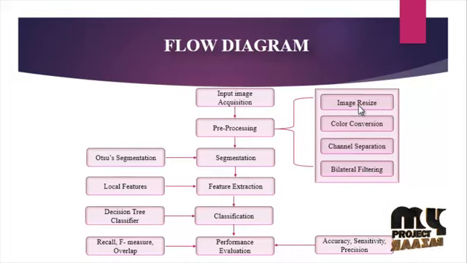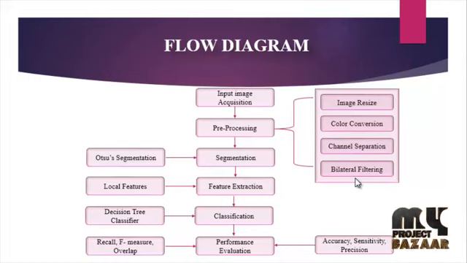Then the image is resized. The RGB color image is converted to grayscale image in the color conversion part. Then the RGB image is separated into red channel, green channel, and blue channel images in the channel separation part. Then, to remove the noises, bilateral filtering is used.